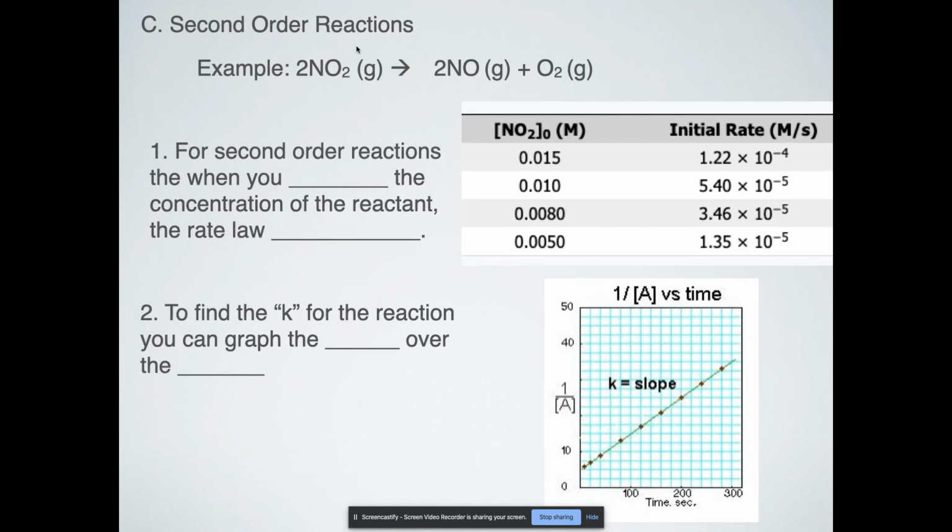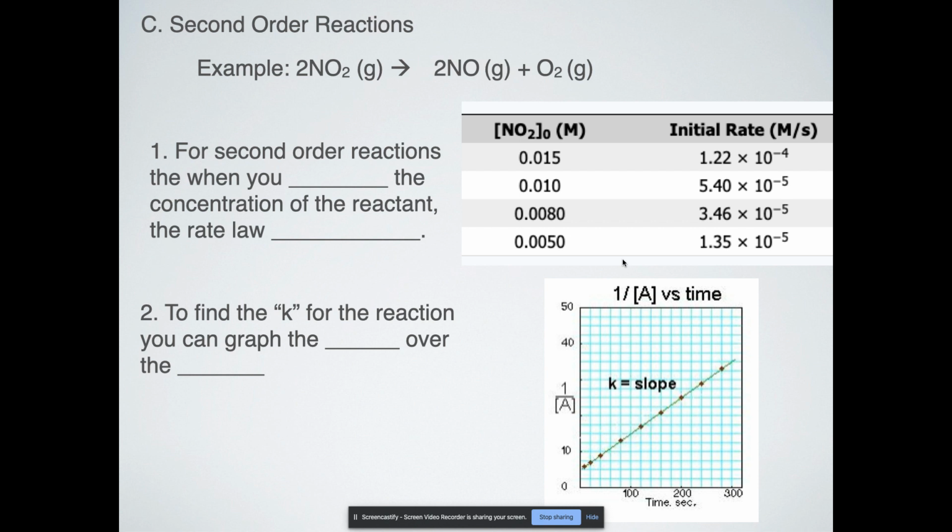Last type, second order reactions. Okay, so I've got two nitrogen dioxide molecules, and then I'm making two nitrogen monoxide molecules, and an oxygen molecule. Again, notice our rates here, and see if you can figure out what happens when we double something to these rates.